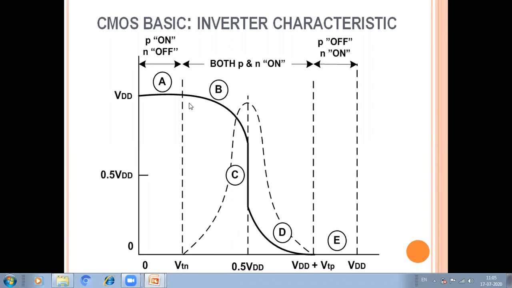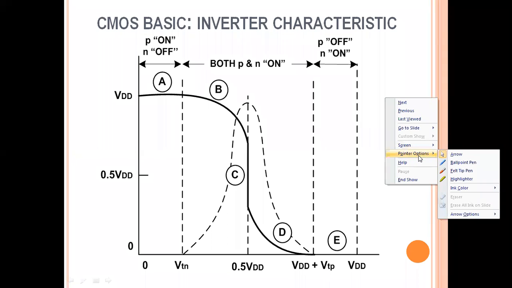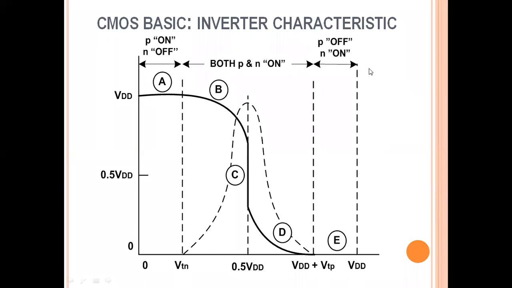So the relation between the drain current of the NMOS transistor and the PMOS transistor in region A is IDSN equal to minus IDSP.